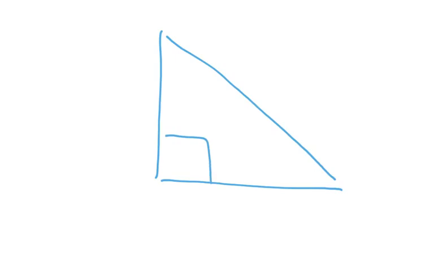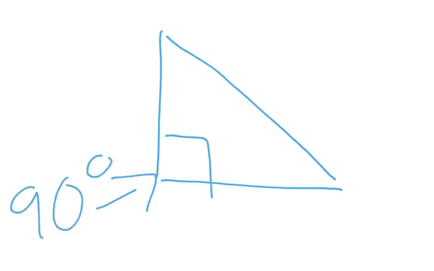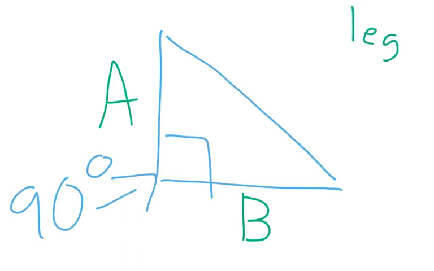So the first thing about the Pythagorean theorem and right triangles is, again, this corner is your 90-degree angle or your right angle. And these sides over here that I'm writing the A and the B next to, these are what are called the legs of your right triangle.